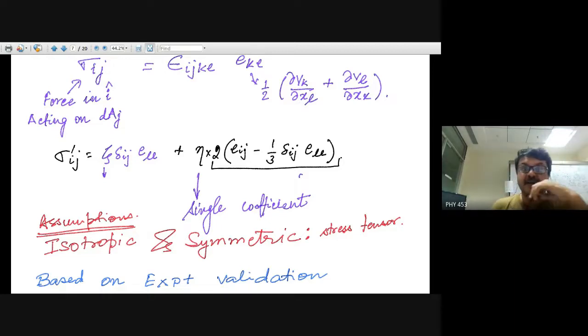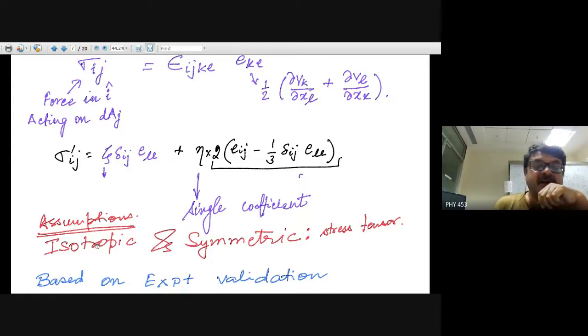So the fluid would not be isotropic. But for many fluids, especially from our daily experience, especially water, the stress tensor is isotropic and there is no angular momentum created within the fluid by virtue of its flow or external fields. So sigma xy equals sigma yx, and these assumptions are based on years of experimental validation.